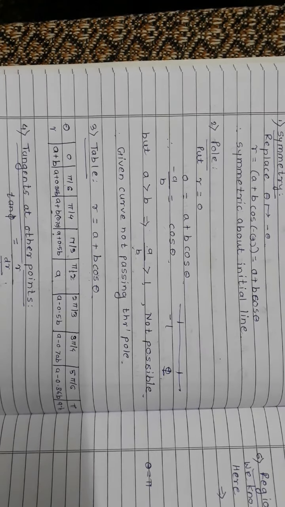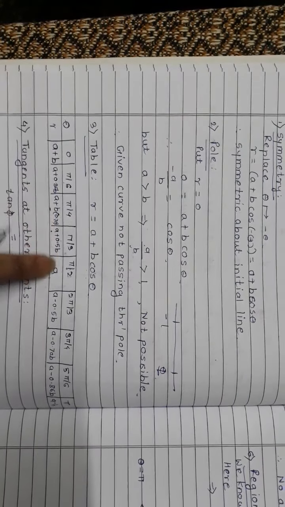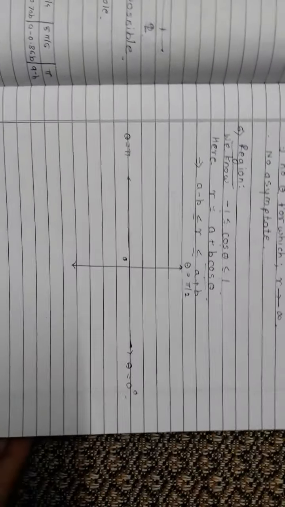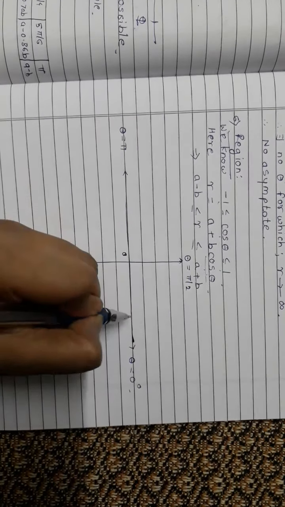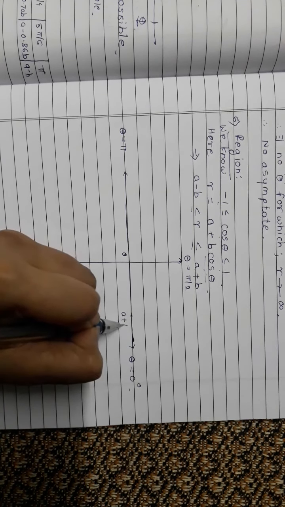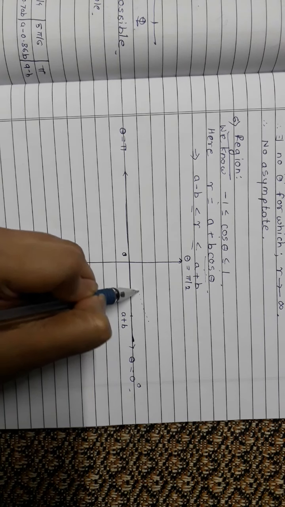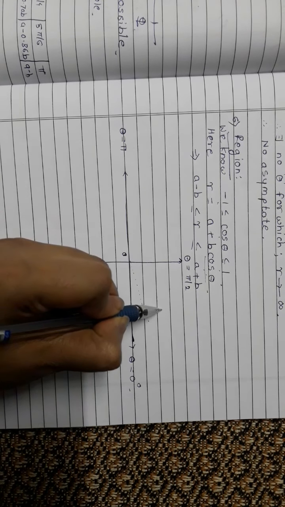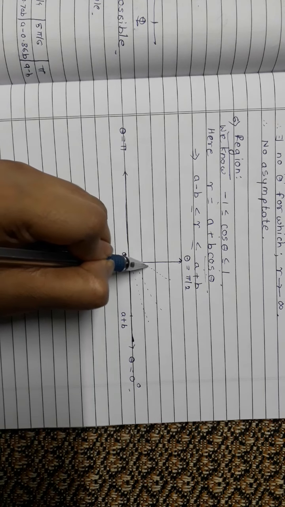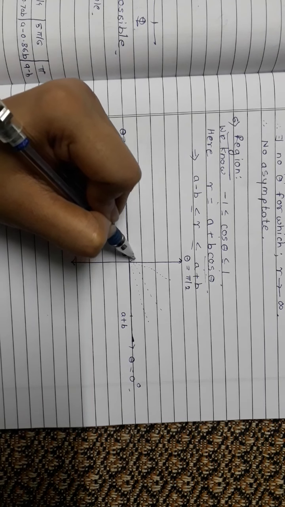So let's try to draw it now. Just remember that it is in decreasing order, right? So at theta equal to 0, this is a plus b, right? And like I did in the first case, for easy purpose, I'll draw the lines for all the angles.